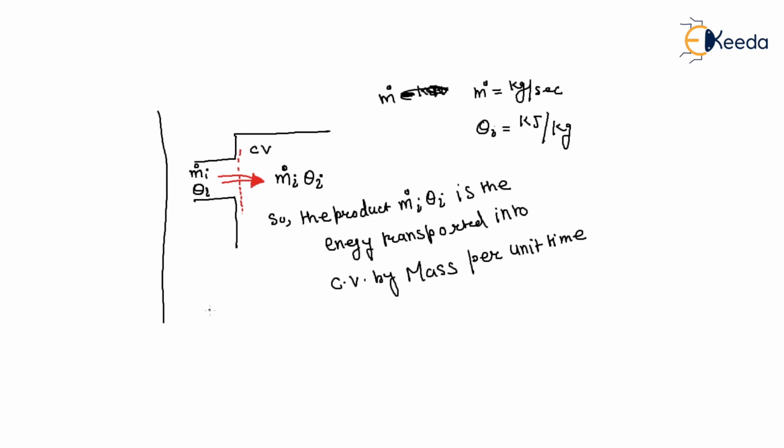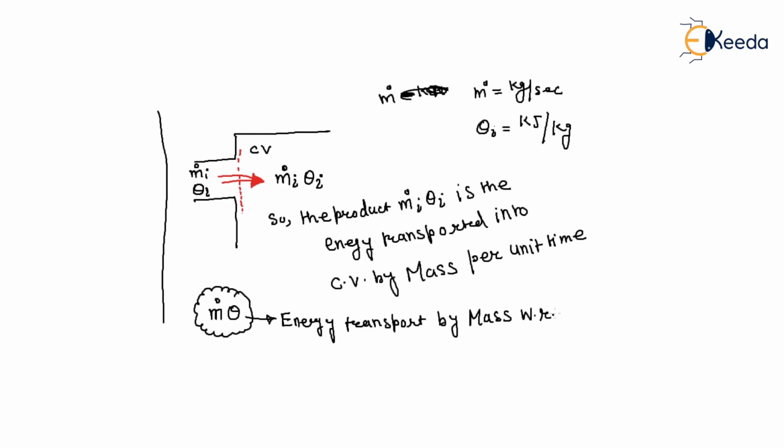So m dot theta is the energy transport by mass with respect to the control volume. This is very important.